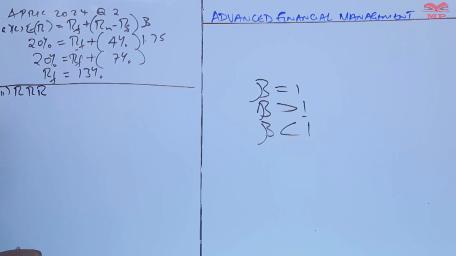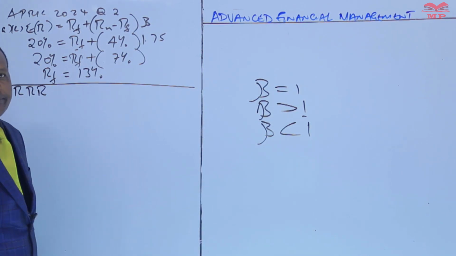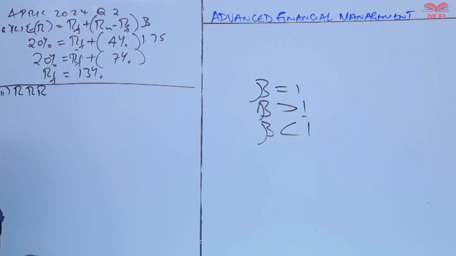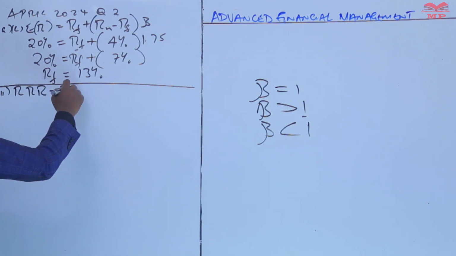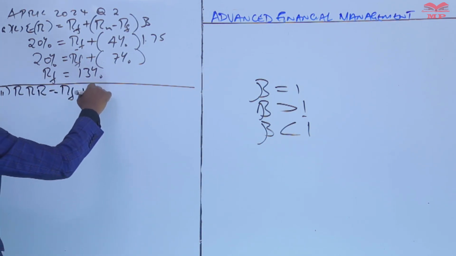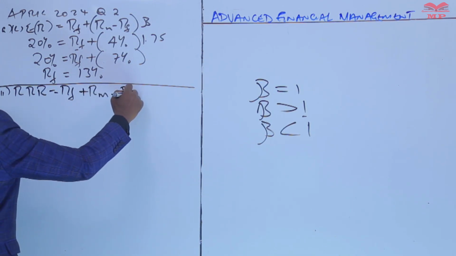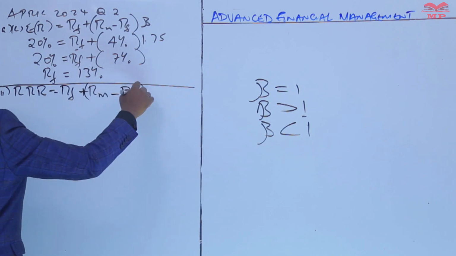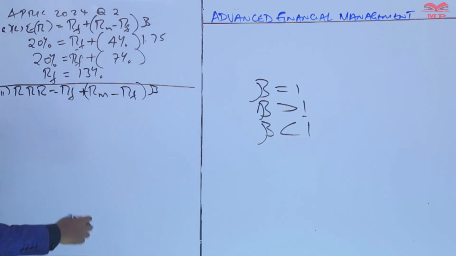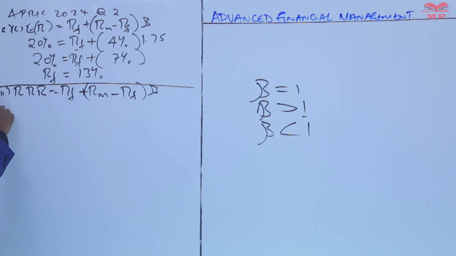Now, the required rate of return, we still use CAPM to calculate, which is equal to risk-free rate plus market return minus risk-free rate times the beta. And we'll calculate for each security. We have a column for the security: A, B, C, D, and E.